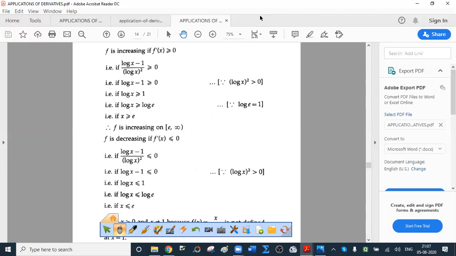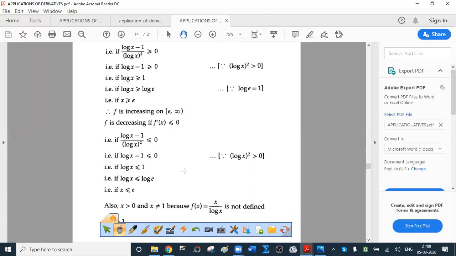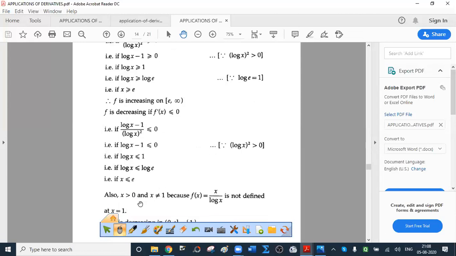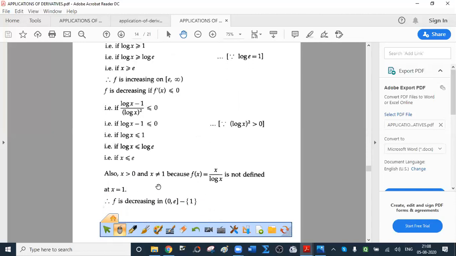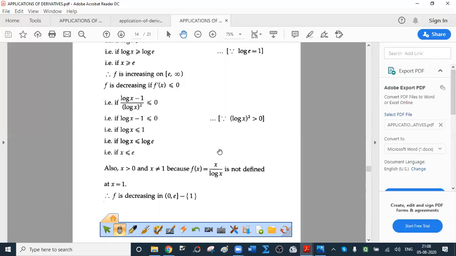Means log x less than or equal to log e. So x is less than or equal to e. Remember, x is not only greater than 0, but x cannot be 1, because in that case x upon log x is not defined. So the function is decreasing in which interval? 0 to e except 1.